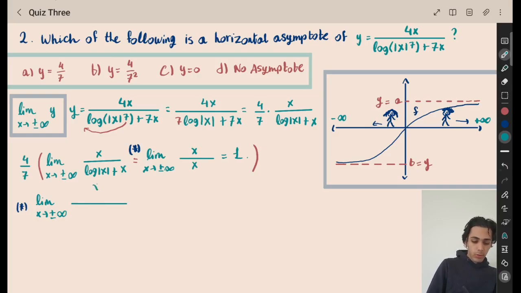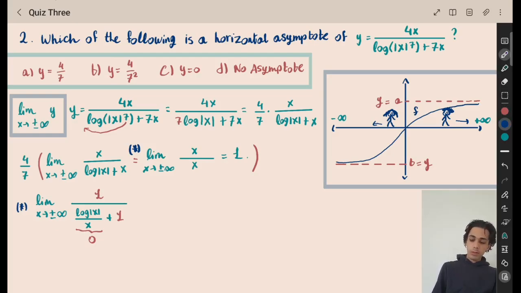This is a standard process, so you divide x by x, divide log of absolute of x by x, and then you add x by x. This is equal to 1. That is also equal to 1. But this is actually equal to 0 for positive and for negative infinity.